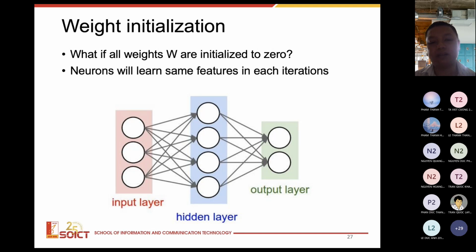The net inputs are the same, the error signals are the same, so the weights are updated by the same amount, and every neuron will learn the same thing. This is what you want to avoid. You want each neuron to learn something different from the other neurons, so that they can cooperate and then produce the right model.